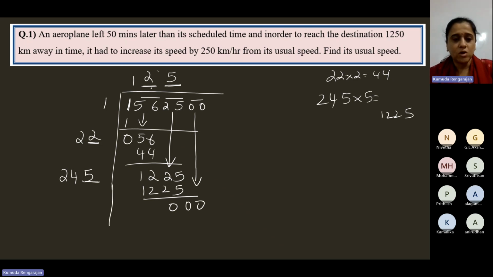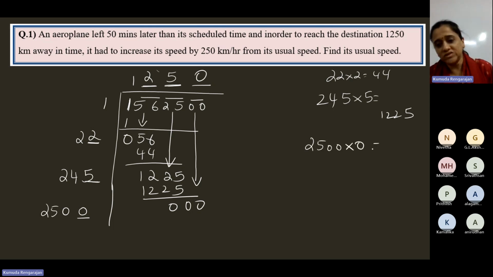Double the quotient. 125 into 2, 250. Whatever you add here, you should add the same thing here, but it's 0. So 2500 into 0, which is 0. So we don't have to continue. That's it. Close the division. So the square root of this number is 1250.